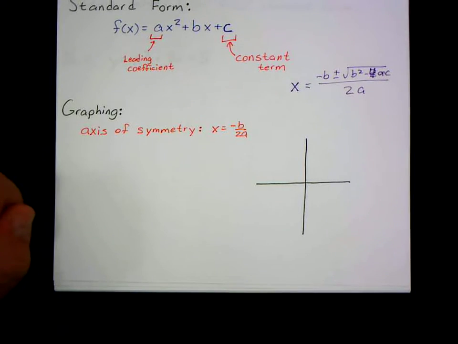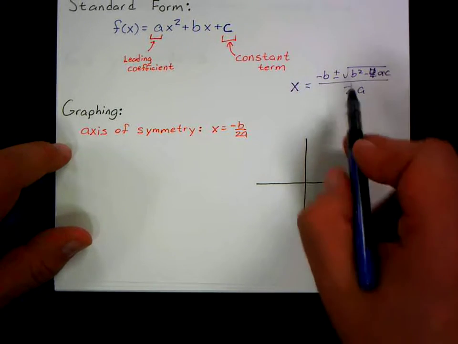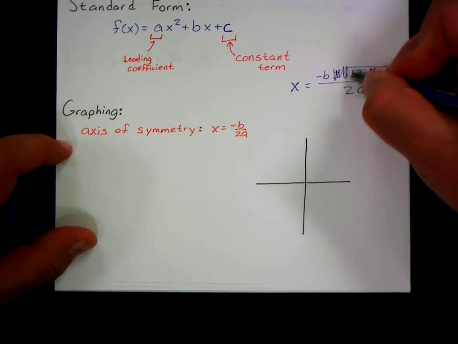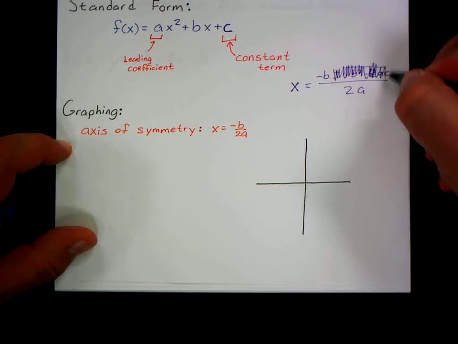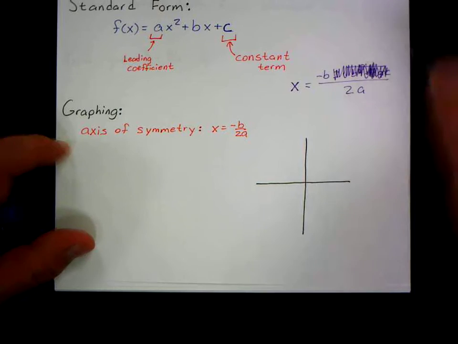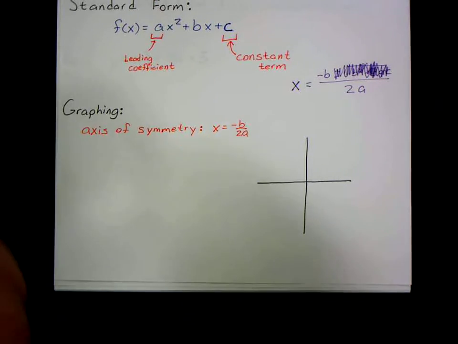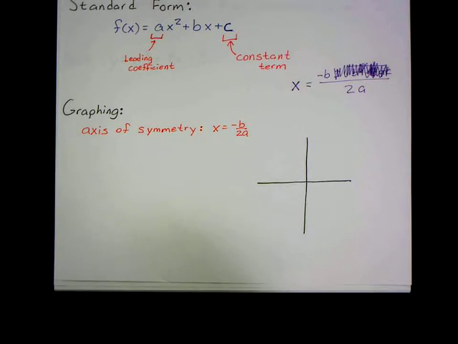That's your quadratic formula, right? This plus or minus takes you to either side of the middle. So if you get rid of that square root, there's your middle, which is where we get that negative b over 2a. That negative b over 2a gives you your axis of symmetry.